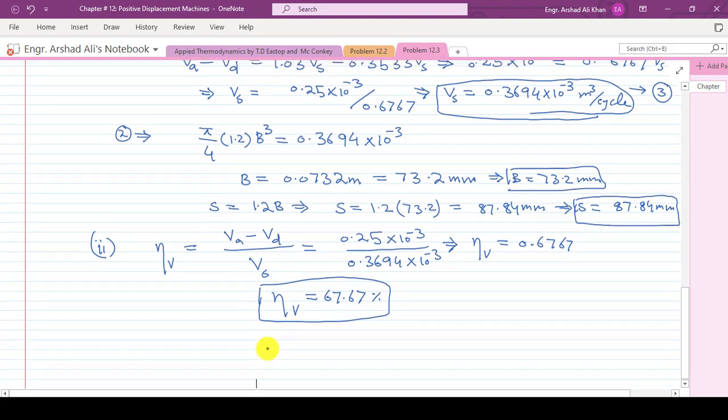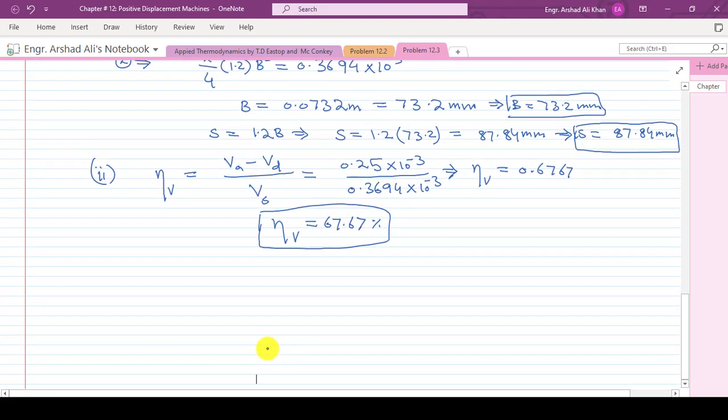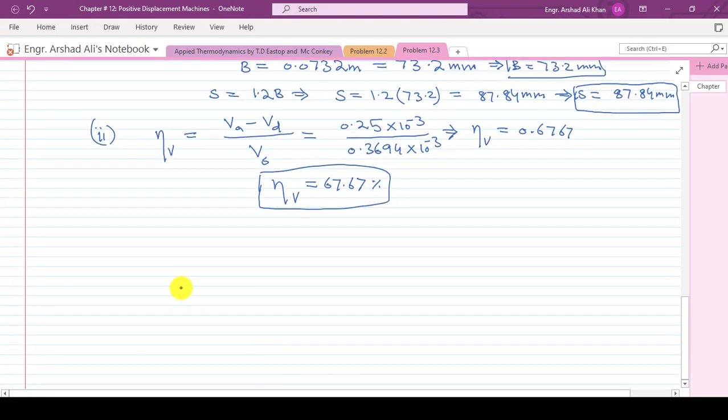Also, third, we have to find the value of indicated power. So for that, the expression of indicated power is basically N over N minus 1 into P1 V dot into (P2 by P1) power (N minus 1) by N, minus 1.